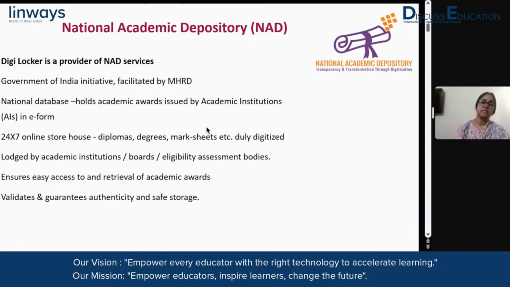This is again a government initiative, part of the digital initiatives of the Government of India, and facilitated by the MHRD. And it holds the national database of all the academic awards issued by academic institutions. The fundamental difference between DigiLocker and NAD is that DigiLocker can have multiple certificates, right from the birth certificate till the death certificate, and the intermediate certificates that all of us need to have as citizens.